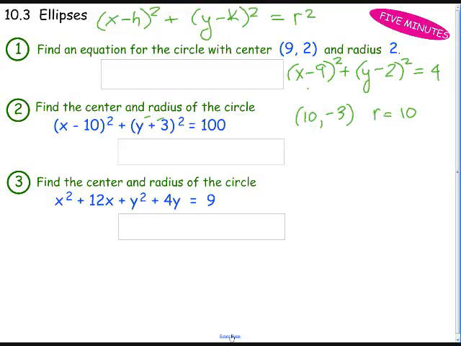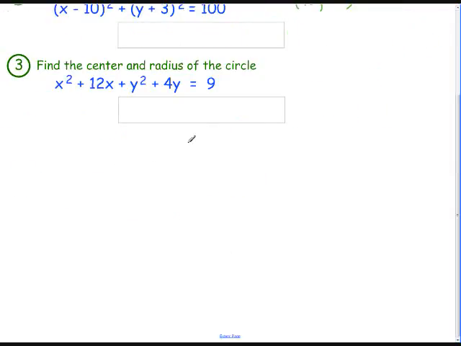Find the center and the radius of the circle. Ooh, this one is calling for a little more activity, isn't it? Because we don't have it set up in the form. Let me write the form up here again: x minus the x-coordinate of the center, squared, plus y minus the y-coordinate of the center, squared.